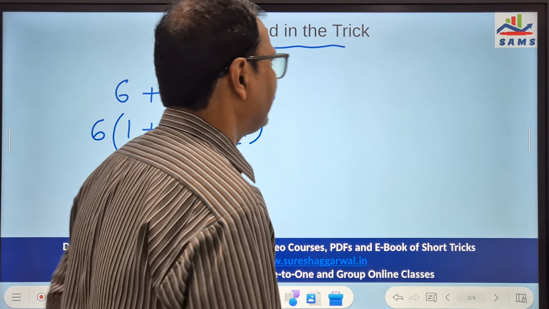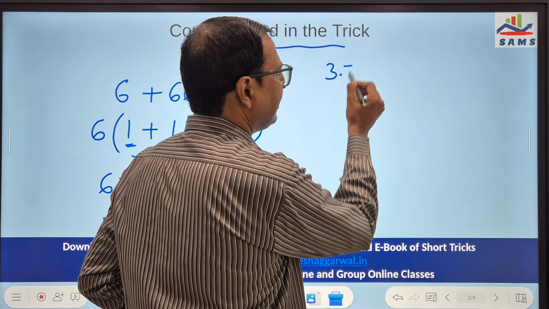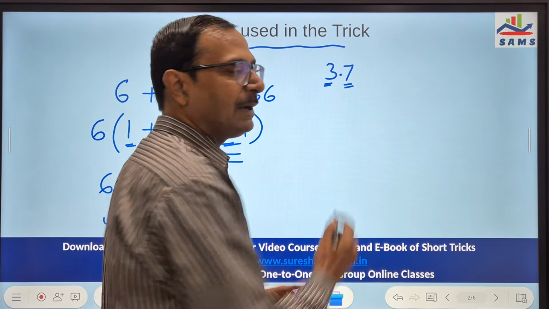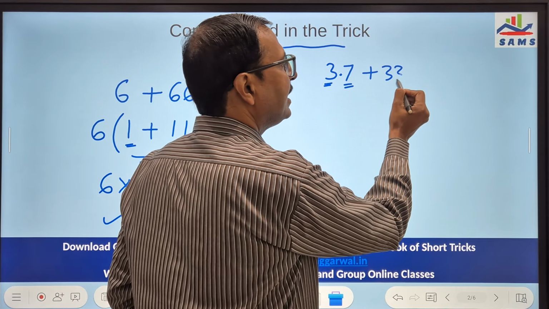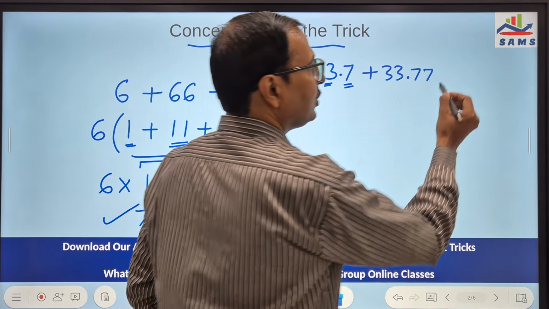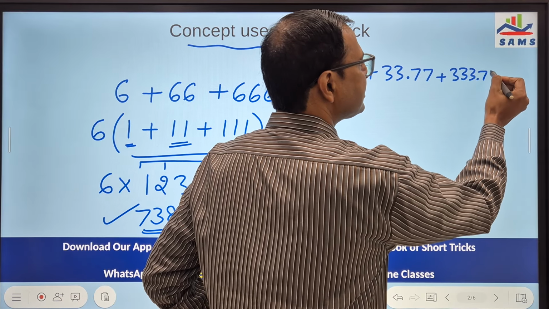Now suppose you have a number like 3.7, a whole number here and a decimal number here, and now we are repeating it, like 3 becomes 33 and after decimal 7 becomes 77. And likewise, you may have another one, 3 becomes 333, and then we have 777.